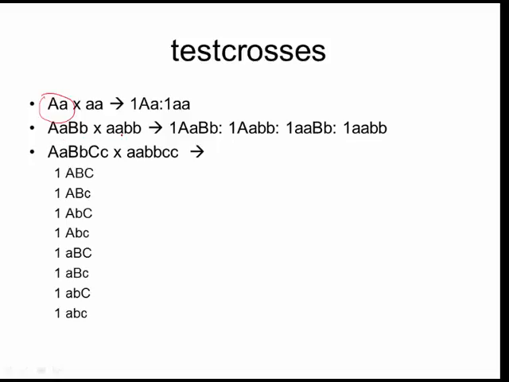A test cross for 2 genes gives you 4 possible outcomes in this particular ratio. And then I just threw in there, for the heck of it, if you have 3 genes and you do a test cross, the main thing here is just that the test cross is homozygous recessive for all 3 genes. We can look at where these come from, but these are pretty standard crosses that you want to get reasonably familiar with.